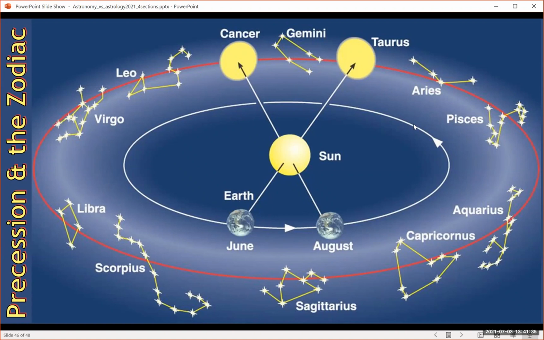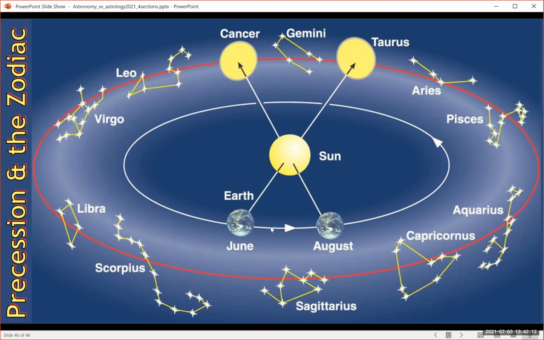Over a century or a millennium, instead of being here when we get to the spring equinox, the sun is going to look like it's in this direction. So instead of being in Aries, the sun is in Pisces. What you'll notice here is that we have June, we look at the sun, and the sun is actually in Taurus. Now, if like me, you are a Gemini and your birthday's in June, you'll be like, wait, what's going on?